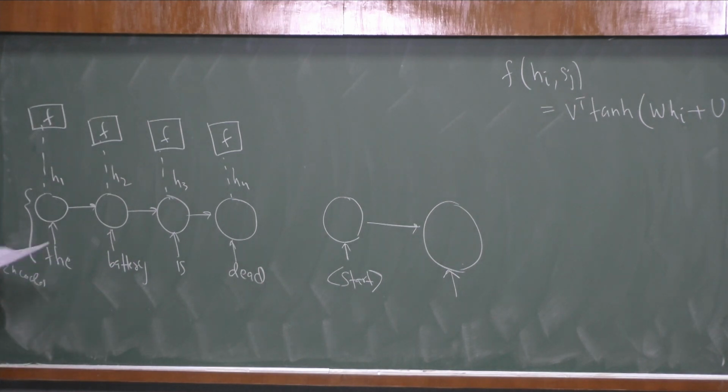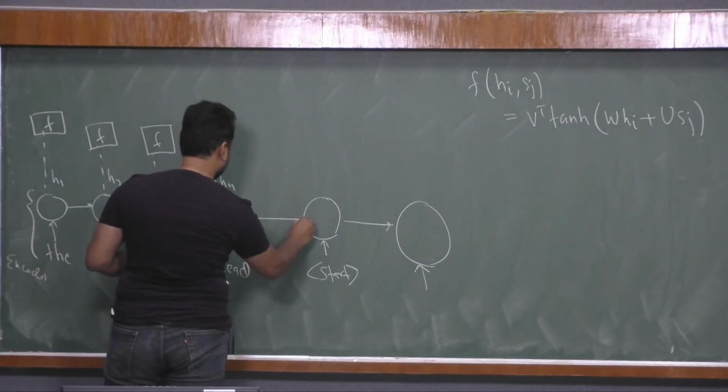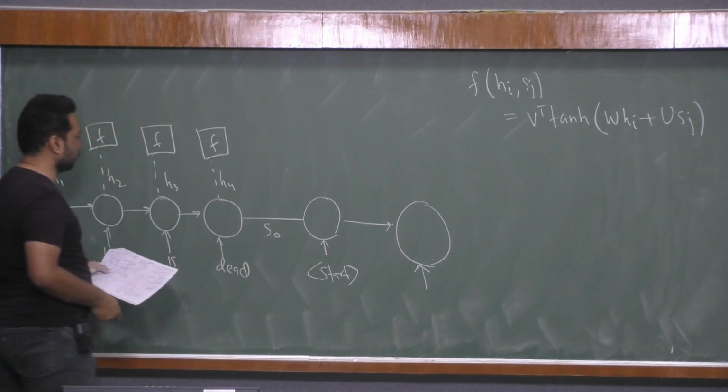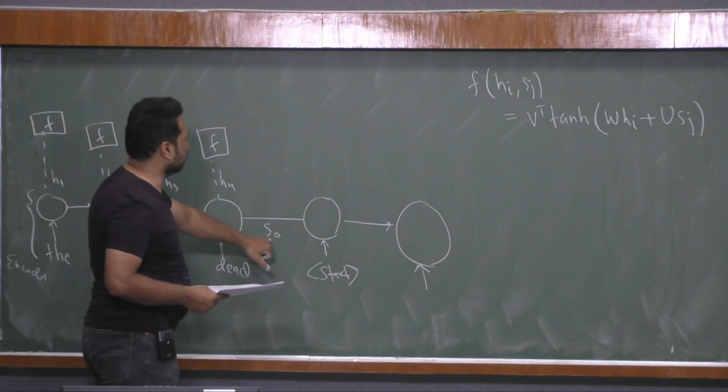Okay, so the way this f function works is that they take this h1 and this sequence s. We can see here that we have a final output s0, let us say, from here, and the s in the f function is this one in this case.